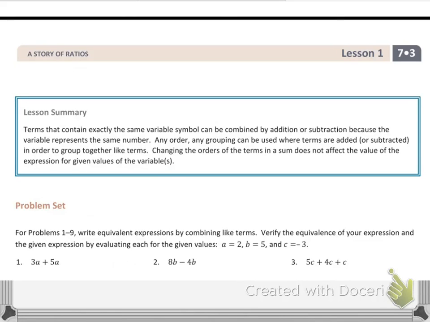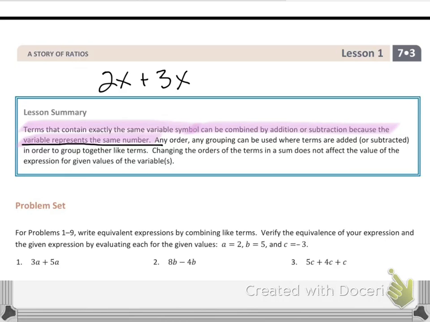So terms that contain exactly the same variable symbol can be combined by addition or subtraction because the variable represents the same number. So, 2x plus 3x is the same as, oh, this is not 6x.